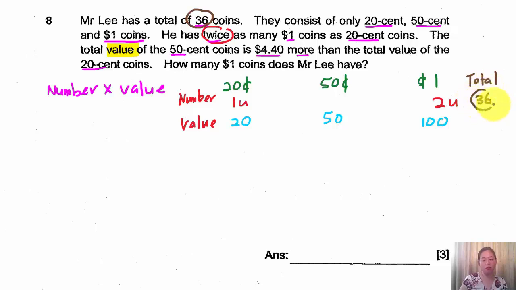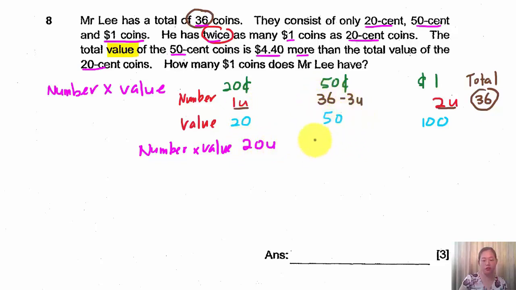So since we know the total, and we know this and this, we can now see that the 50-cent coins are just 36, which is the total, minus 1 unit and minus 2 units, which is actually minus 3 units. Now we can figure out number times value, which will be 20 times 1 unit, which is 20 unit.